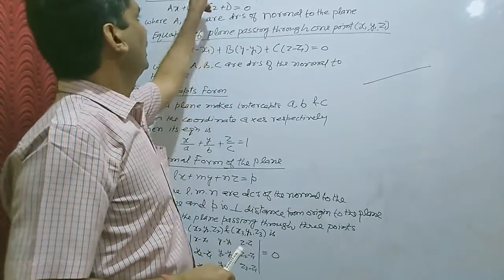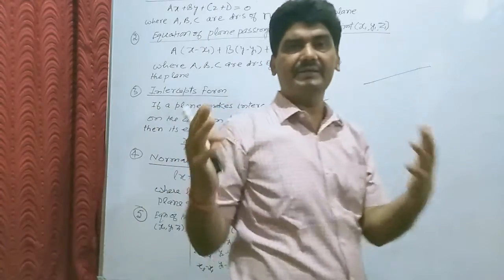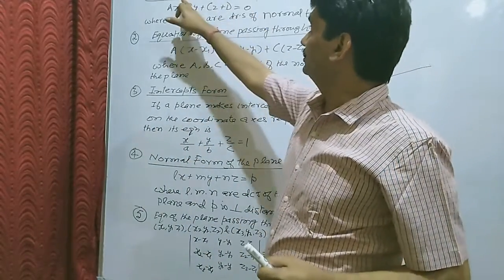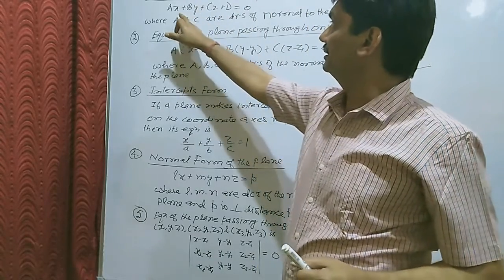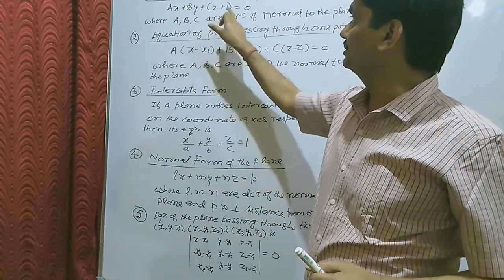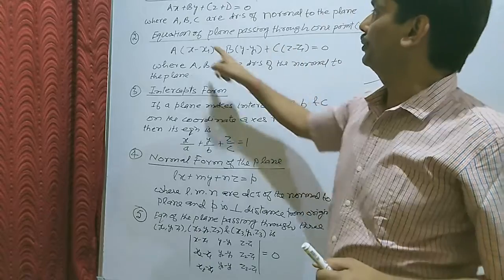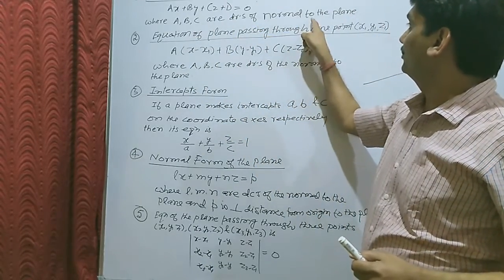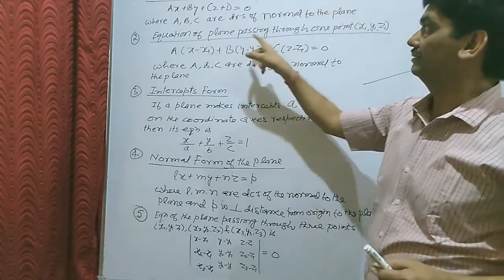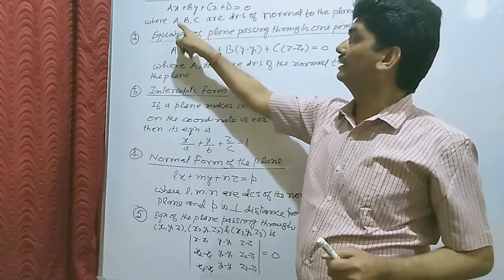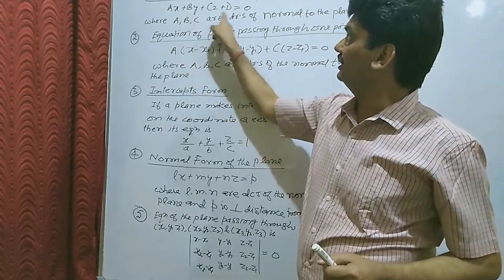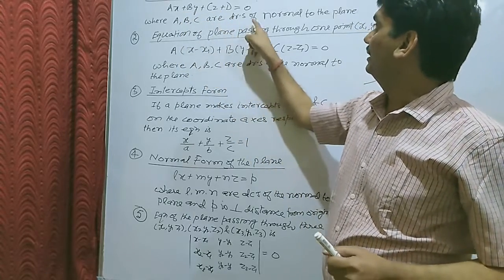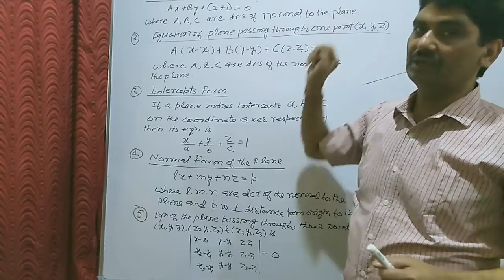Okay. And now we discuss different equations of the plane. First, the general equation of the plane. This is ax plus by plus cz plus d equal to 0, where a, b, c are direction ratios of the normal to the plane. Important thing: a, b, c, that is the coefficients of x, y, z, are DRs of the normal to the plane.